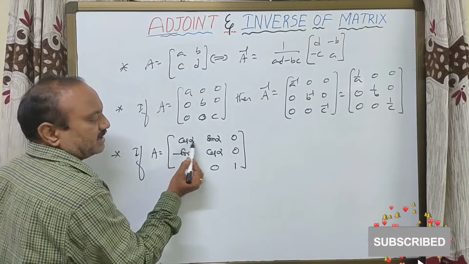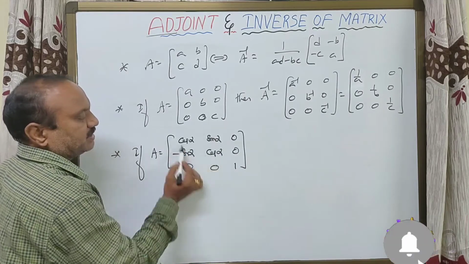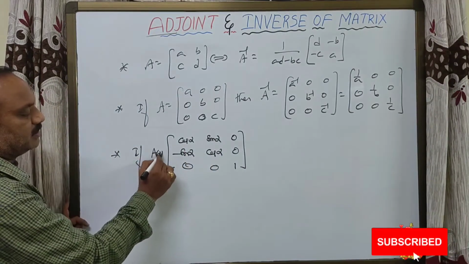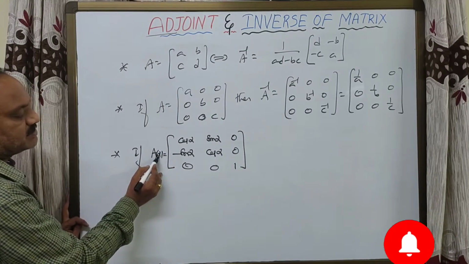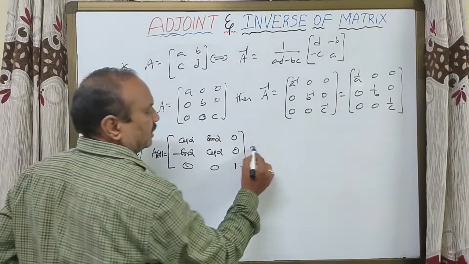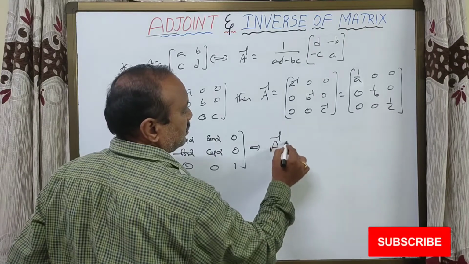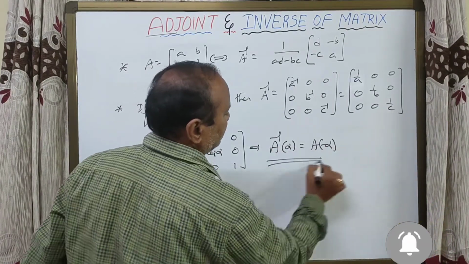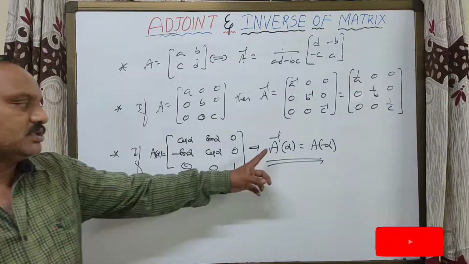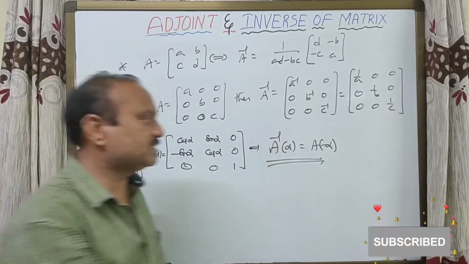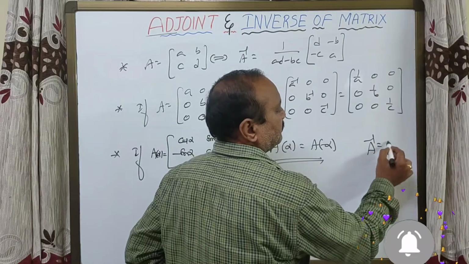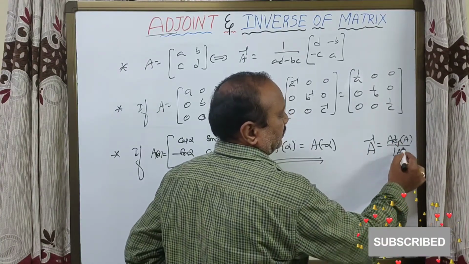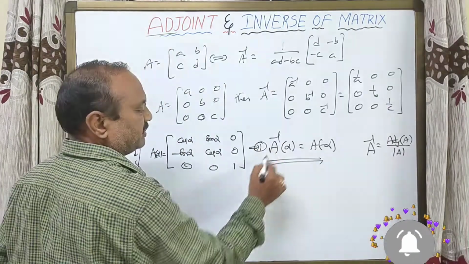Here the angle is alpha, so this matrix is also denoted by A of alpha, because matrix A is in terms of angle alpha. This implies A inverse of alpha equals A of minus alpha. This is very important. Generally, to find A inverse the given formula is A inverse equals adjoint of A by det A. This is very important.